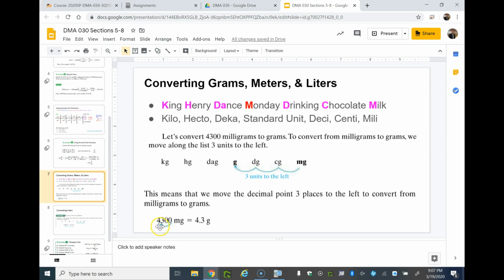Where is the decimal located in a whole number? If you did not know, the decimal is always located at the end of every whole number. So we're going from mg all the way to regular G, which is grams. How many times do we move the decimal? 1, 2, 3. So take this decimal in the back here, 1, 2, 3, we move it here, and that's what we get, 4.3.